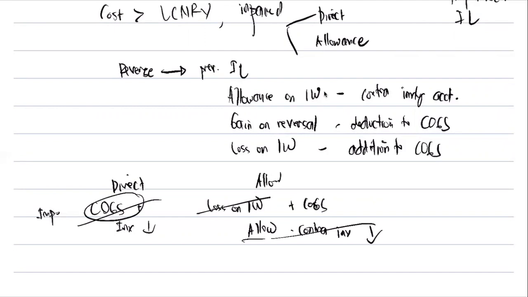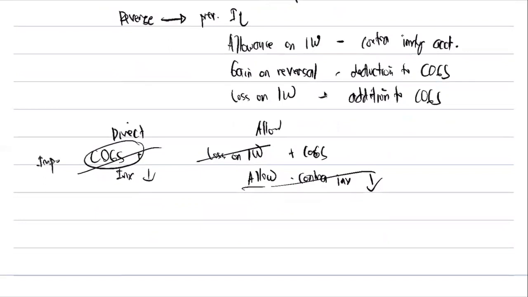So, I hope you learn about the effects of these entries and how to properly present it, and of course, to properly compute for the initial measurement and the subsequent measurement, especially the NRV, LCNRV of the inventory. Okay. So we're done discussing your initial measurement and your subsequent measurement, especially your LCNRV.